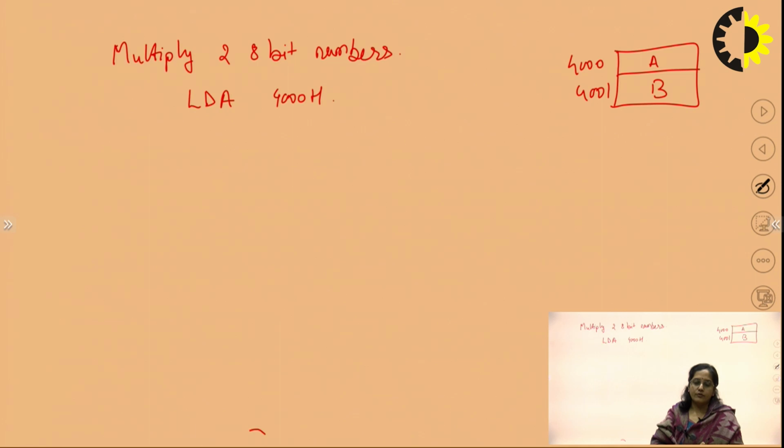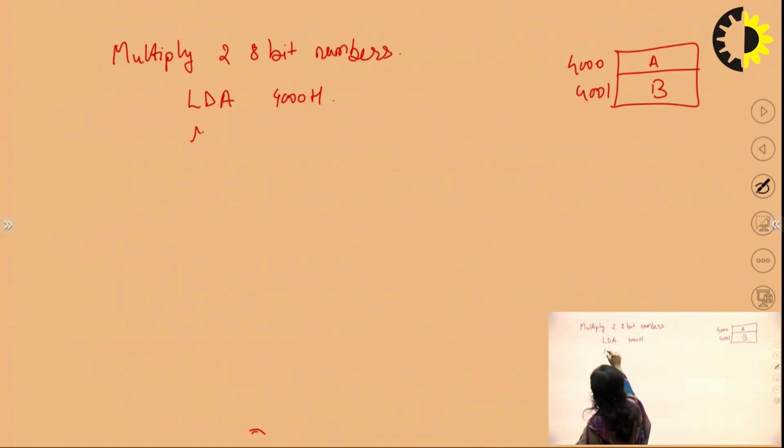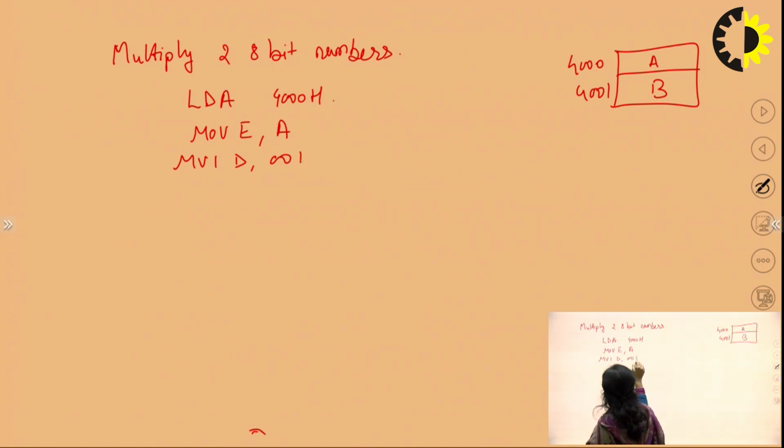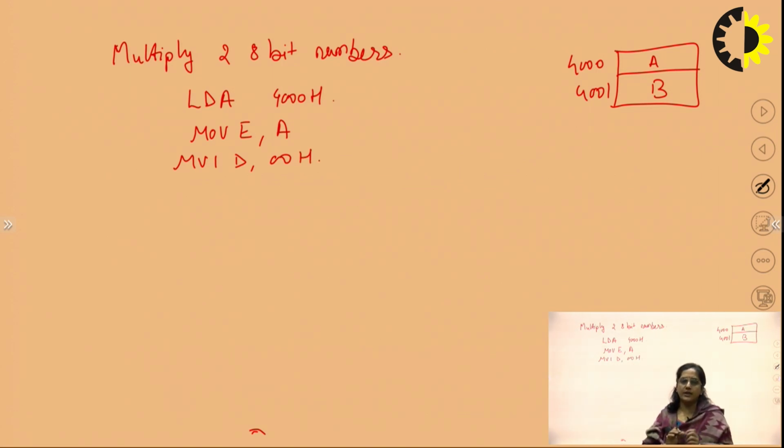Now we have to get the second data byte into the processor from memory. So first we will store this data into the E register. You can choose any other register. Then we will read another data, and before that we will make the D register 00H, so that only the 8-bit data is in the E register and there is no data in the D register, because we need the DE pair.